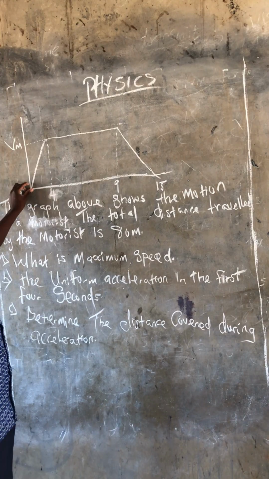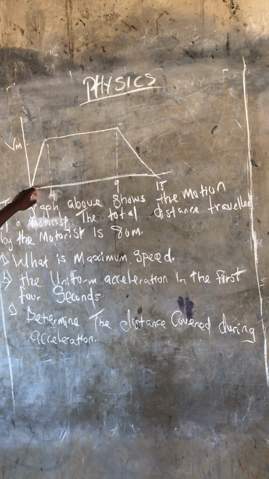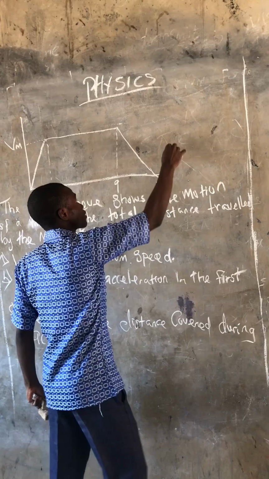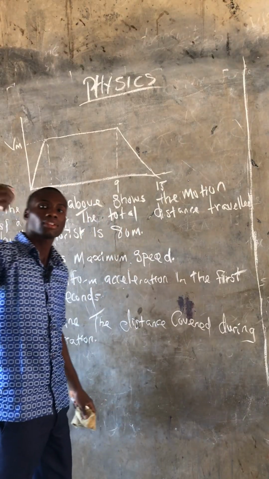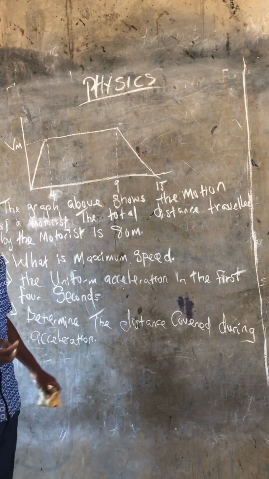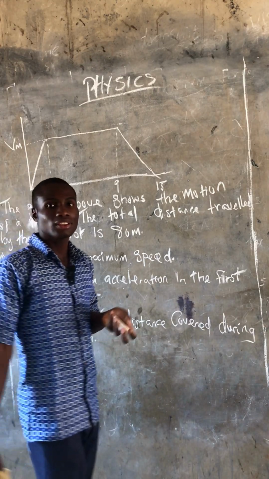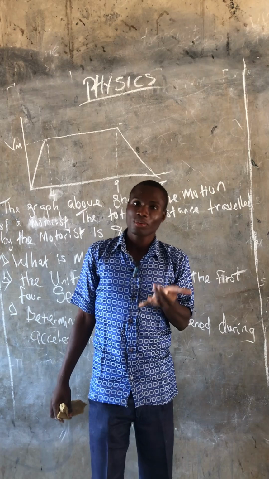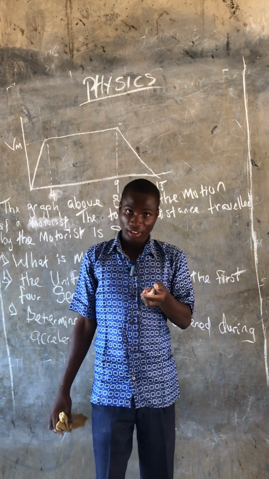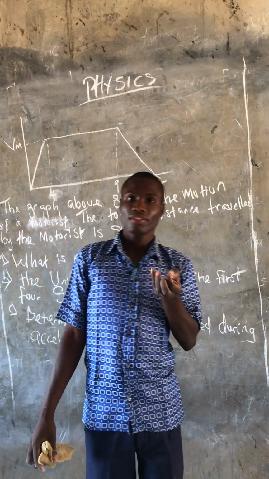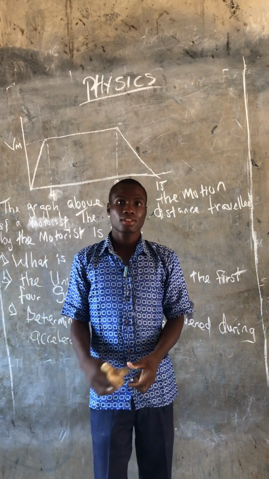Since the car started from rest, whenever a body is starting from rest, the initial velocity will always be 0.